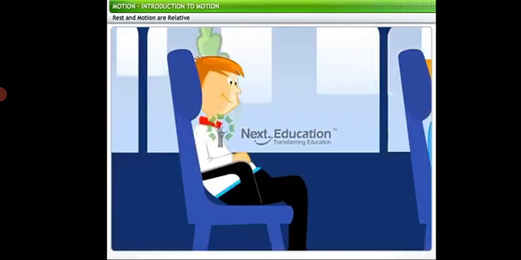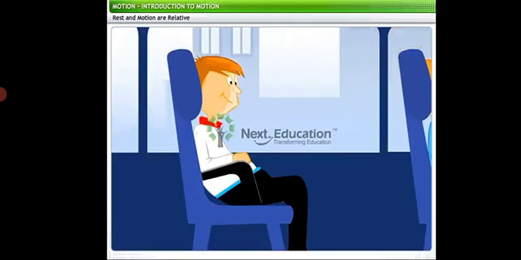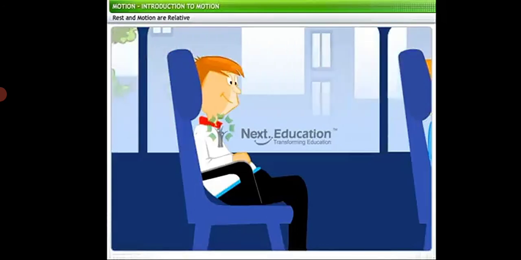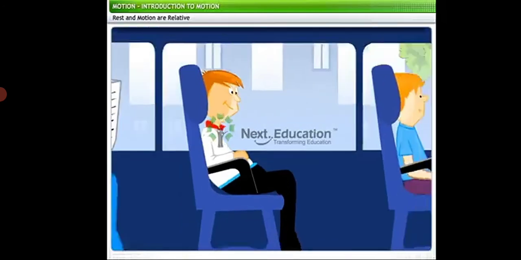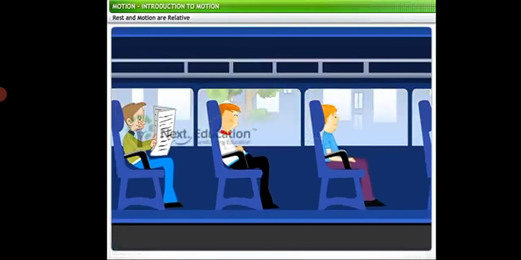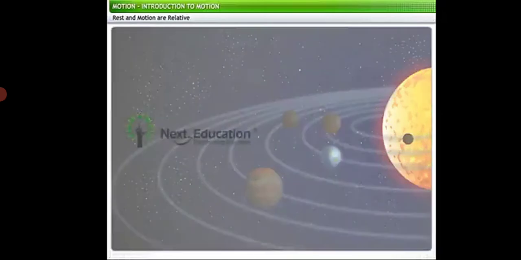Consider a bus moving along a road. A passenger in the bus perceives the trees and other objects outside the bus to be moving, while his co-passenger seems to be at rest. Similarly, we cannot see the rotation or revolution of the earth.